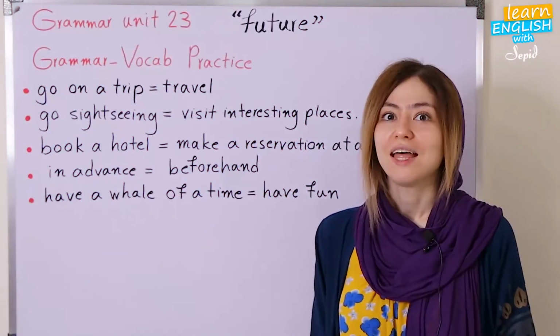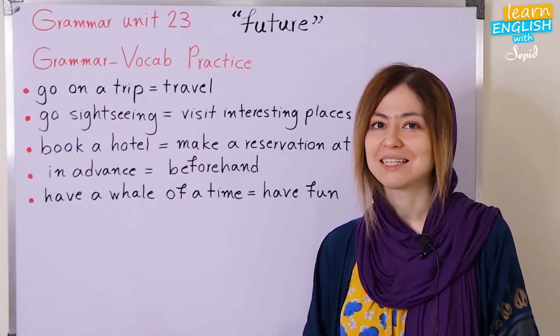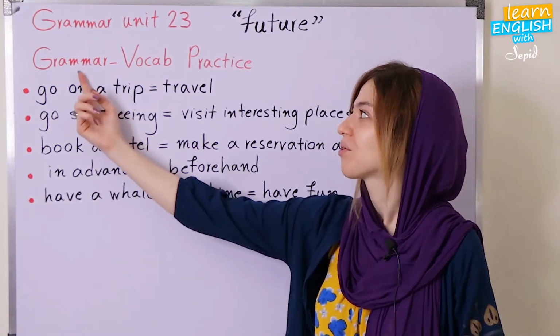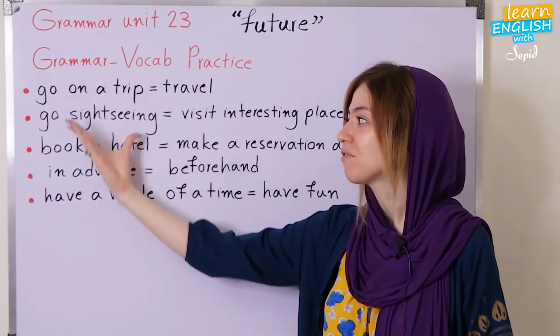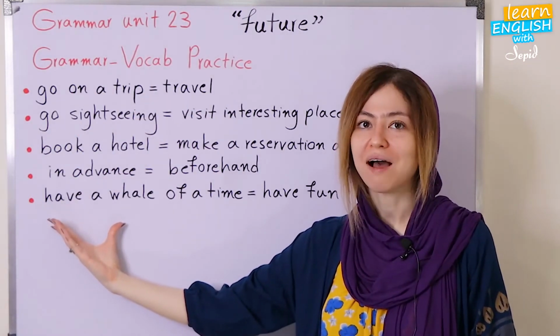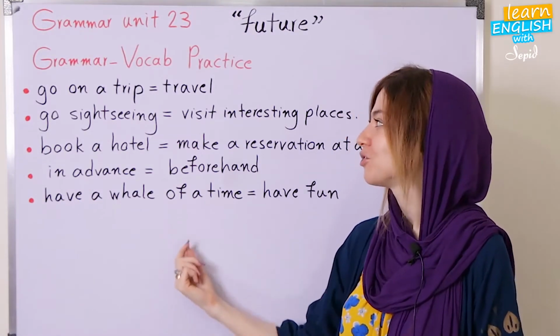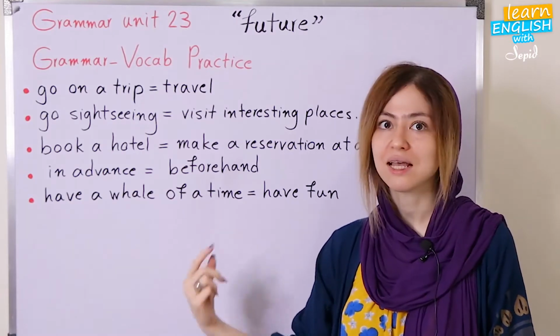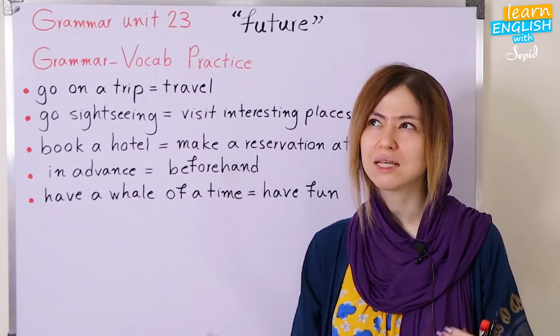Now, let's use this grammatical point in the context. So here we have our grammar vocab practice. So there are some phrases about travel. We are gonna use this grammatical point in order to talk about these phrases and talk about our experience of a trip or not experience.